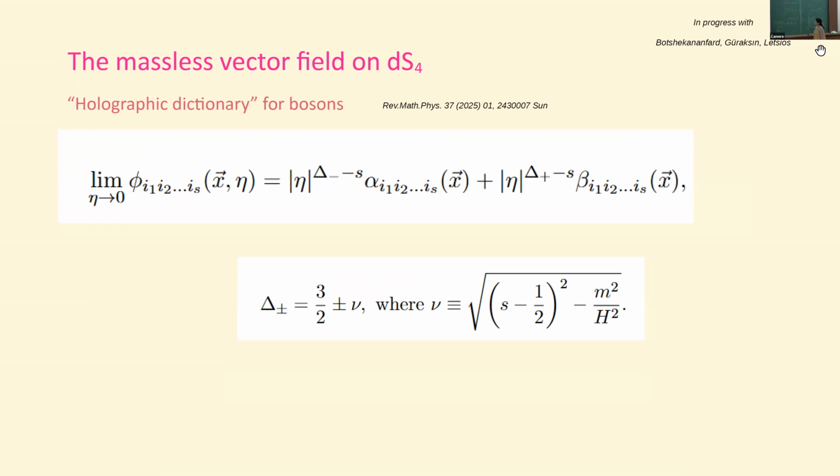So this is the holographic dictionary we use. In the late time limit, you can read off the scaling dimensions from the exponent of the time dependence, and it reads something like this. So this ν here now is the C on the board. So it involves spin information and mass information.